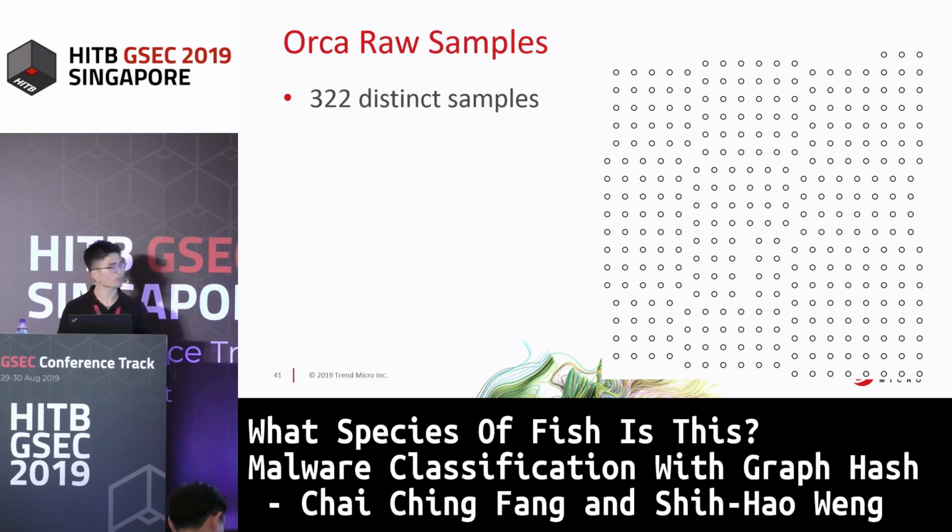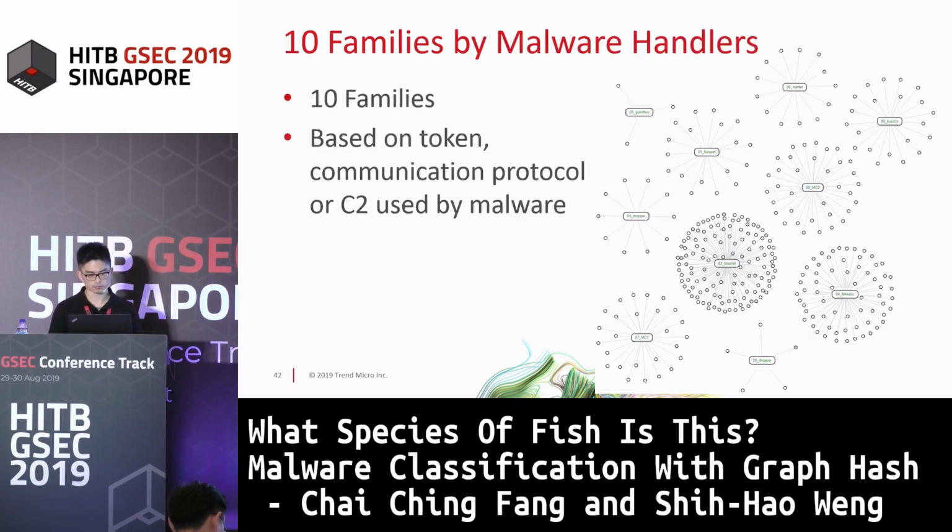The whole samples of OCA include 322 distinct samples. And we take these 322 distinct samples into 10 families. The facts are based on tokens communication protocol of C2 used by malware.